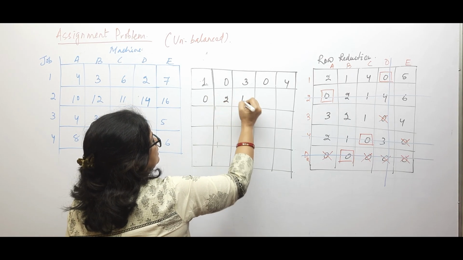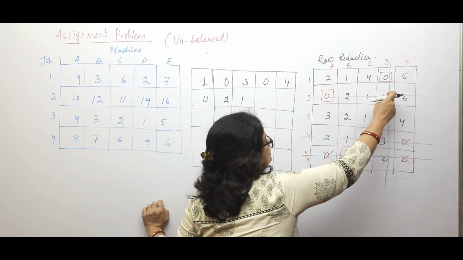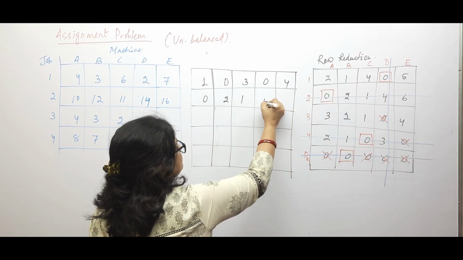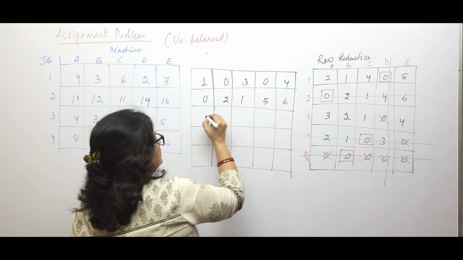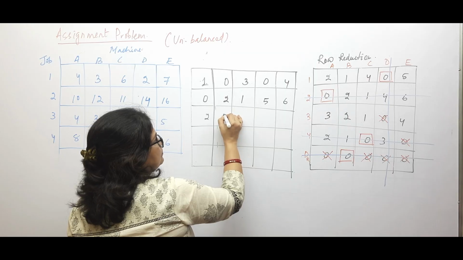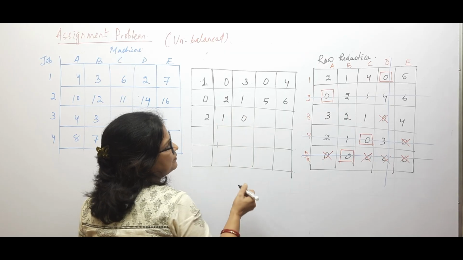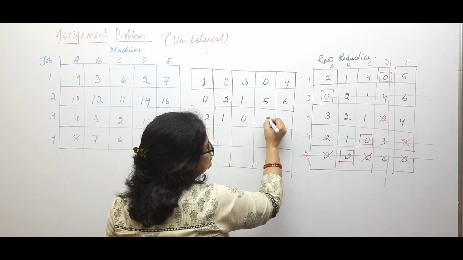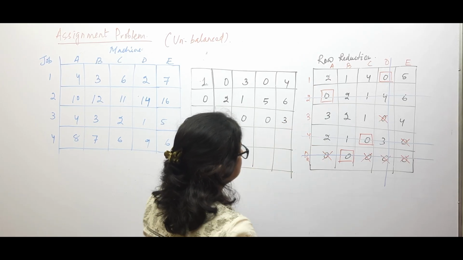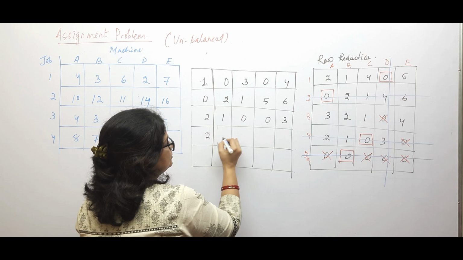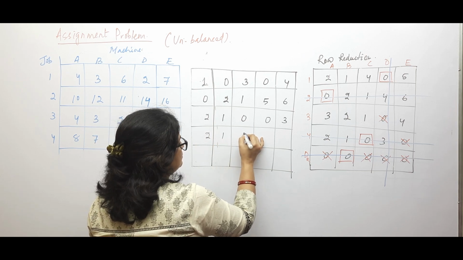2, 1. There is an intersection of the lines. So we need to add here 5, then 6. Here 3 minus 1, 2. 2 minus 1, 1. Then 0. Here 0. Then 4 minus 1, 3. In here 2, 1, 0.